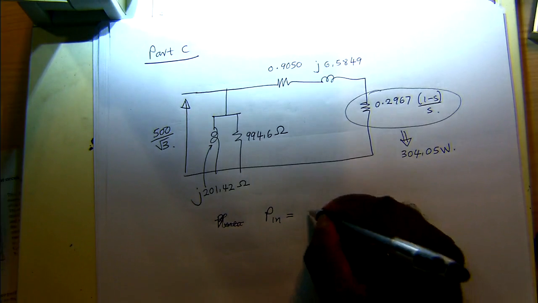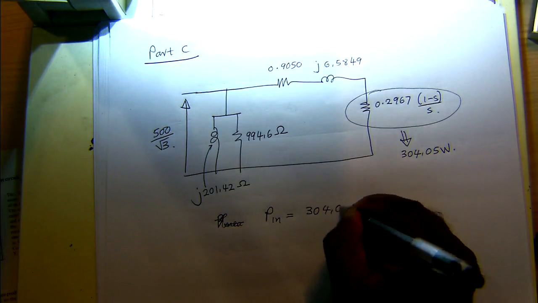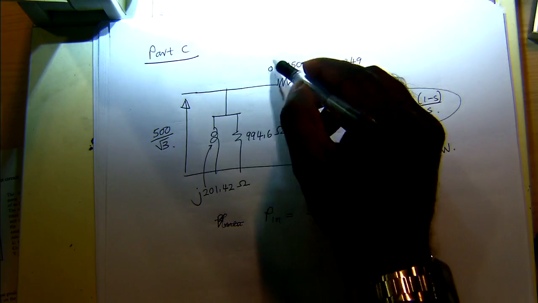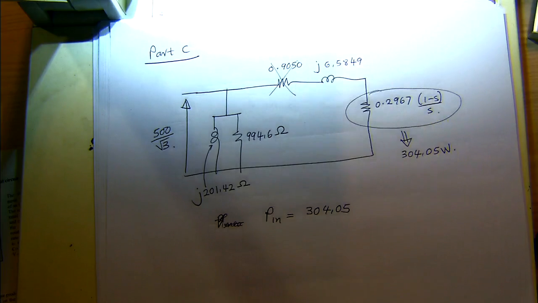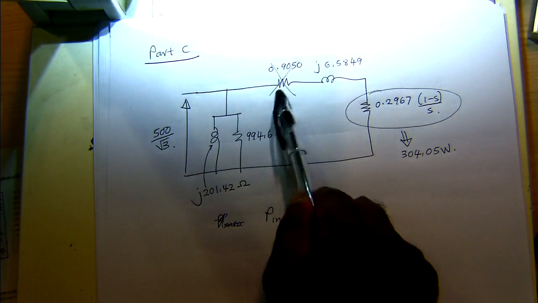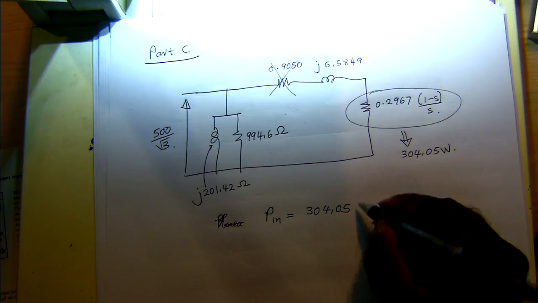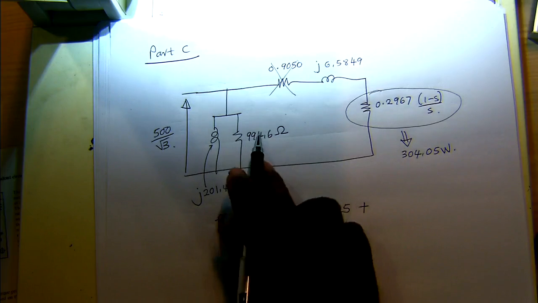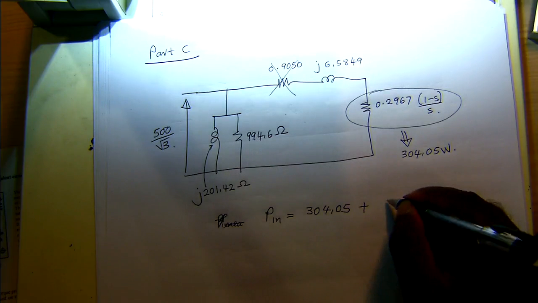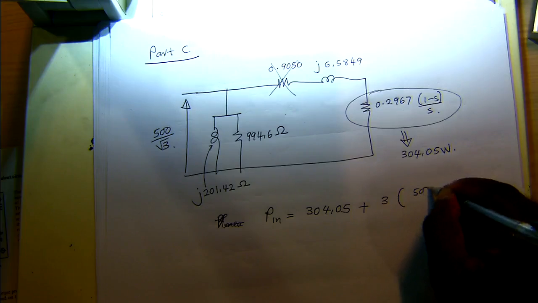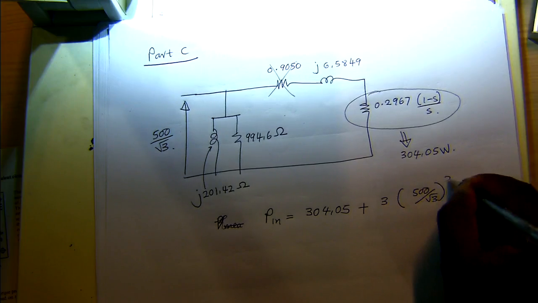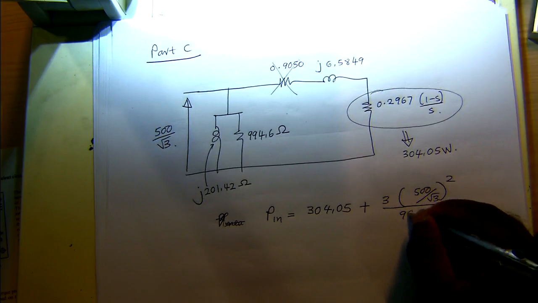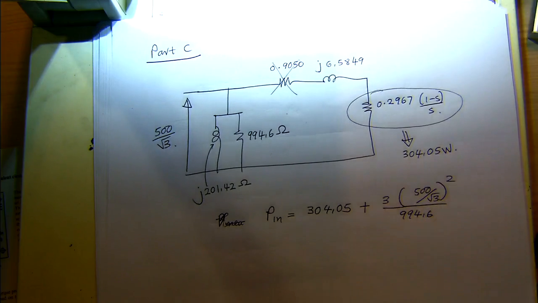We neglect the power losses in this one because the current in that branch is really small, and this is fairly large. Plus, we have V squared over R here. So we can write that as 3 times (500 over root 3) squared divided by 994.6.